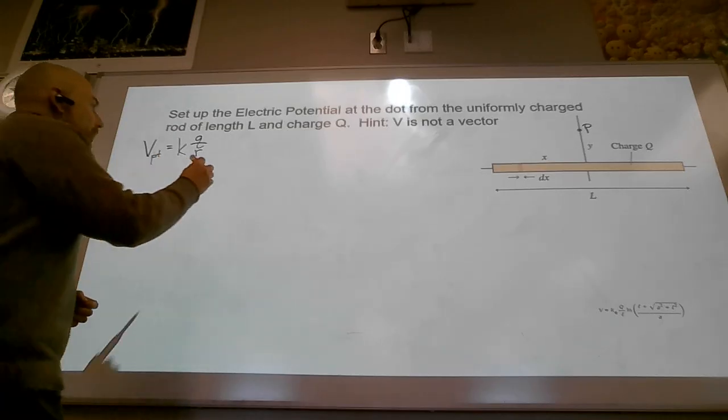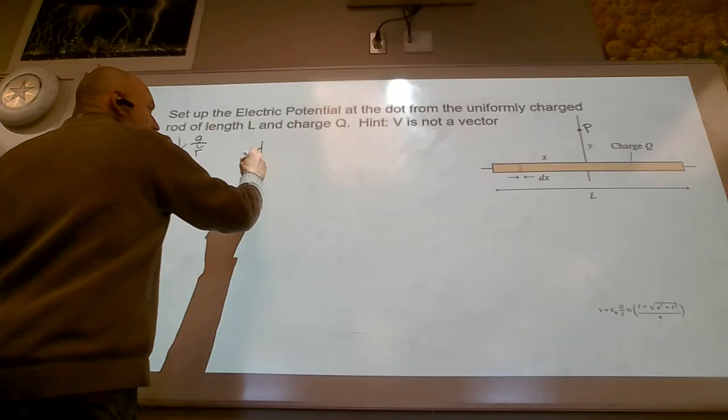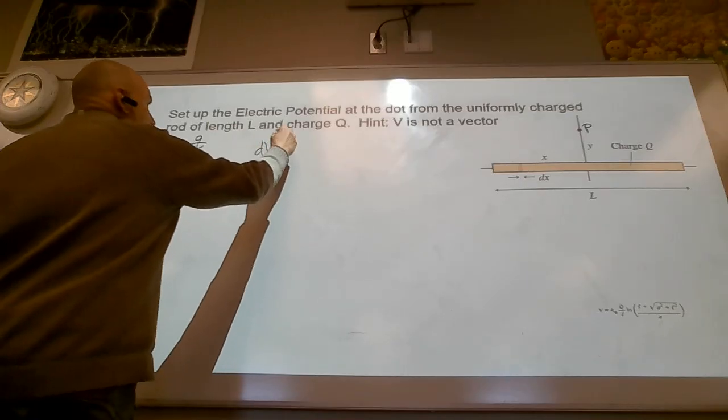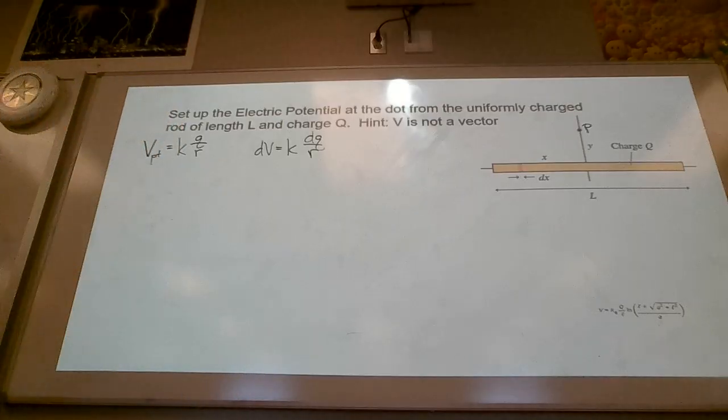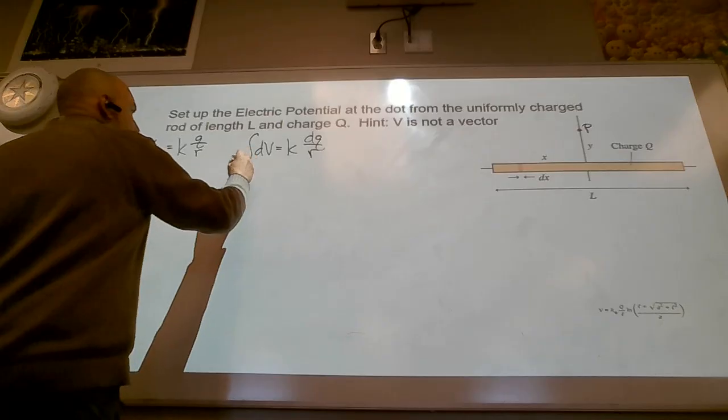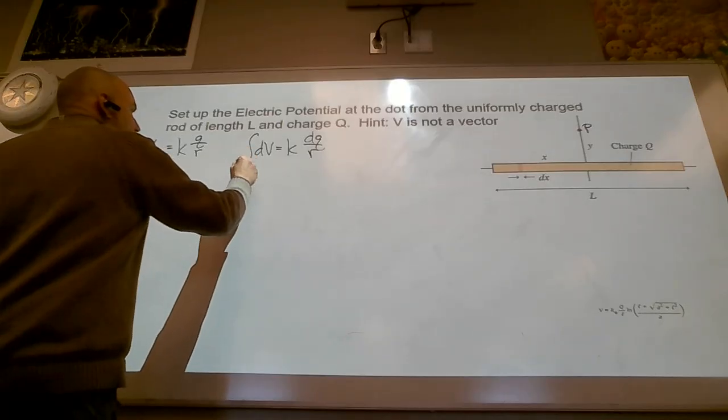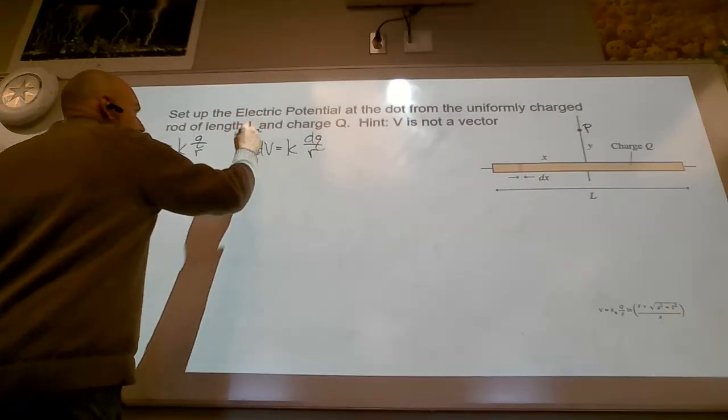So, what we're doing is taking a little chunk of that, K dq over R. And we're integrating from negative L over 2 to positive L over 2.